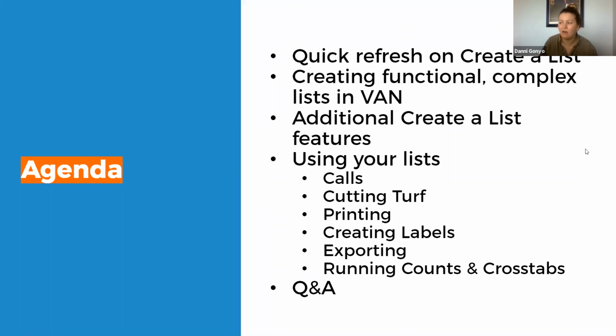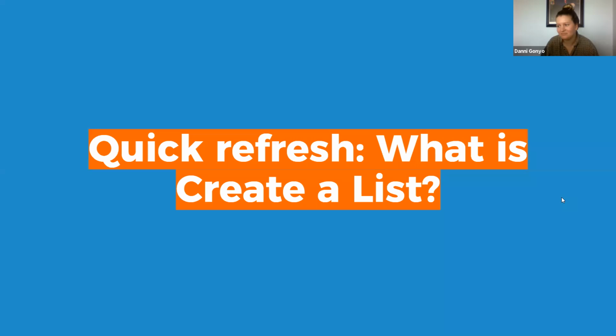And we'll also talk about how to use your lists. So once you've created your universe, different ways that you can use that beyond just virtual phone bank and cutting turf, though we will touch on those things as well. And then we'll have time for a Q&A at the end. We do have a hard stop tonight at 5:55, so we're going to try to move through things efficiently, and I will try to speak slowly so that folks can understand what I'm saying.